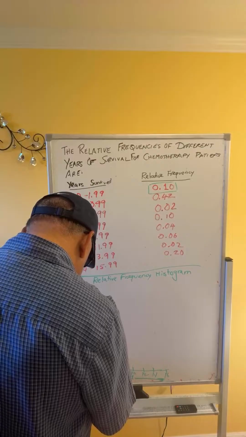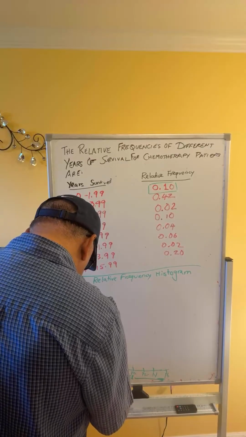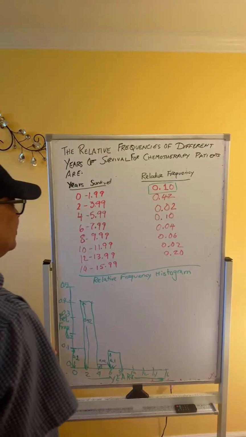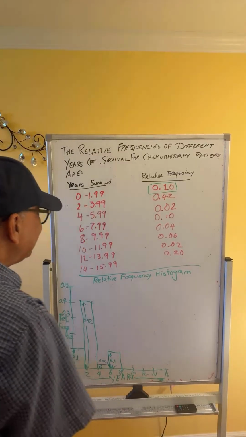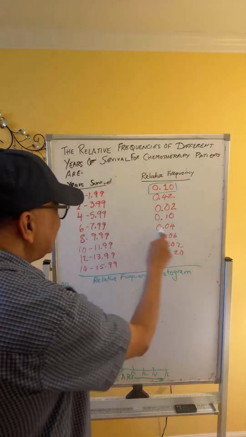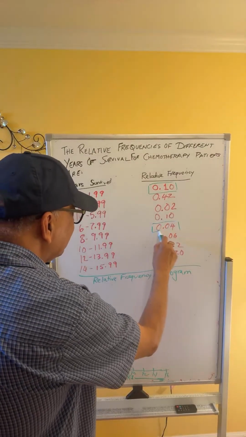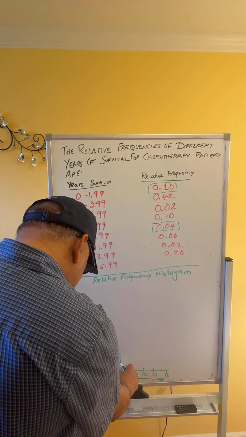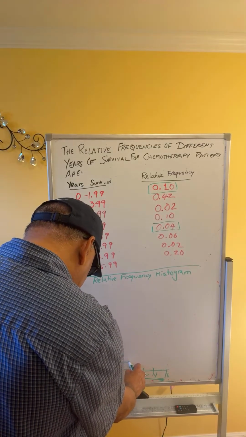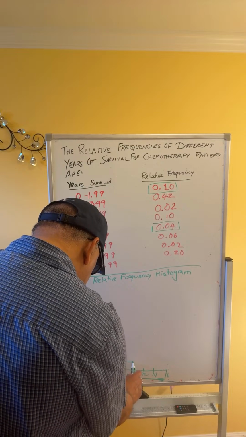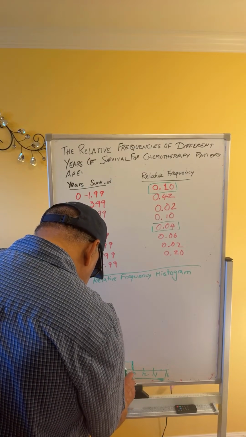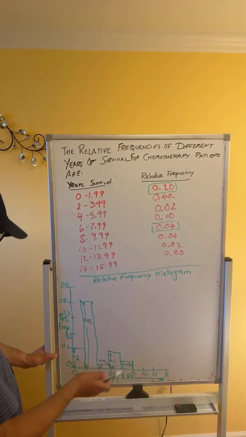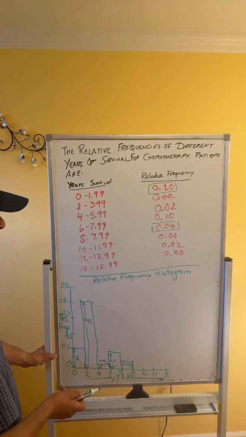So this height is 0.1, which is the proportion or relative frequency in the class between 6 and 8. Now between 8 and 10, this is 0.04. So the height of that bar is 0.04. Again, the heights of the bars are the relative frequency in each class.